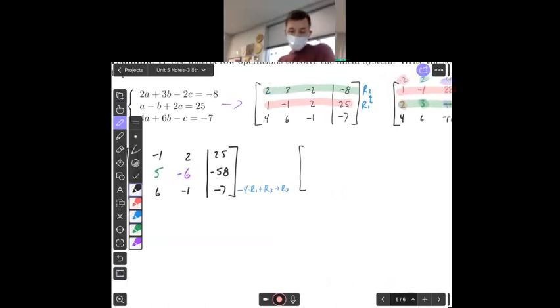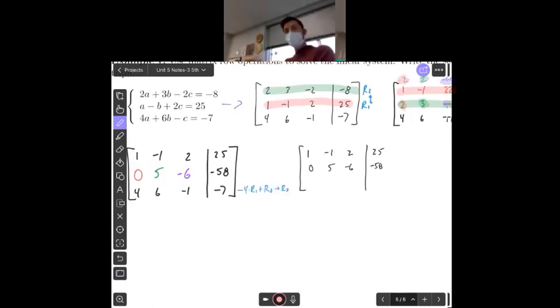But I'm not changing row 1, so that row is going to come right over. I'm not changing row 2, so that row is going to come right over. And again, that leaves me with only a certain space to fill with my new row 3 after I manipulate it.